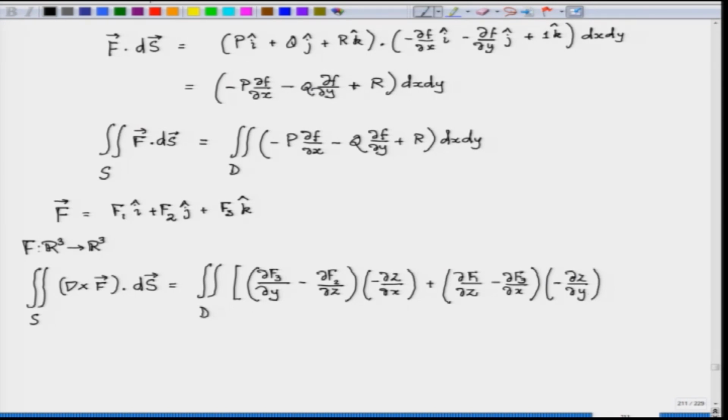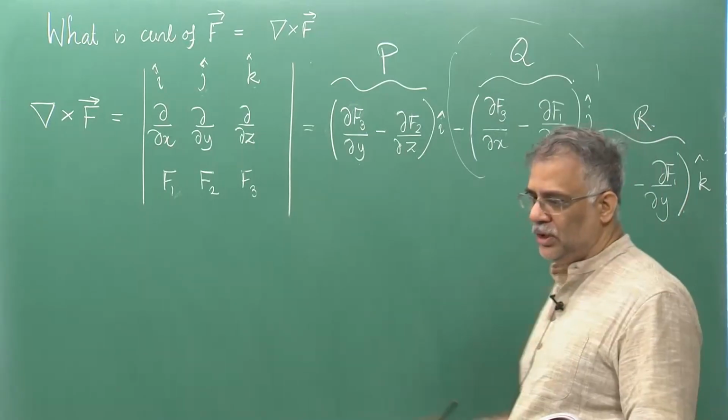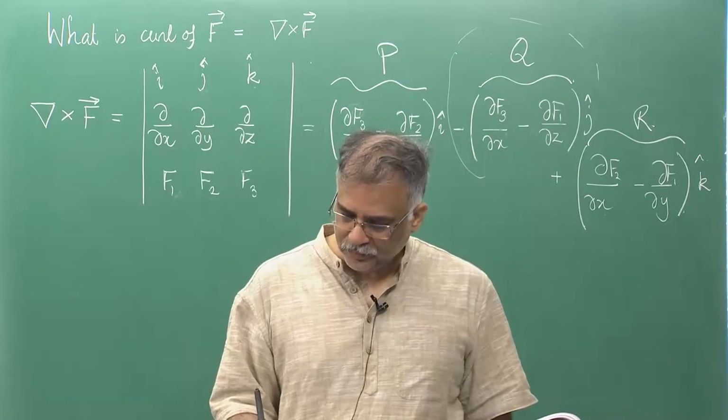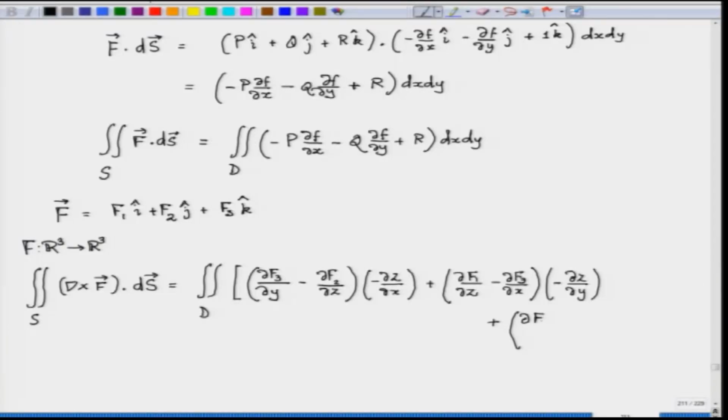Z itself is a function of x, y. So, f is a function of x, y and z is itself a function of x, y. That is where the chain rule issue would come, plus R. R is this one, del f2 del x minus del f1 del y.